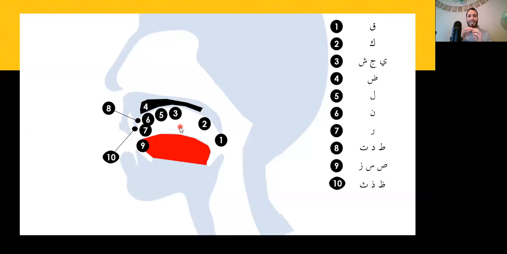Your tongue is right at the base of those upper teeth. Even though they're almost the same exact spot where the tongue is, they're pronounced differently. And how come? Because we said there's still characteristics for every letter that makes it different from the other one.